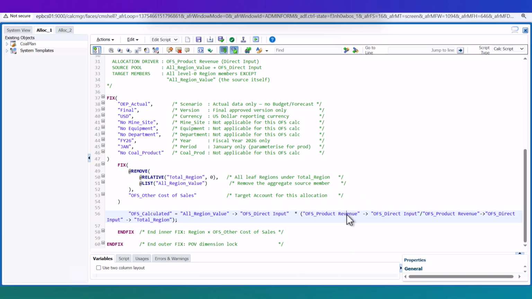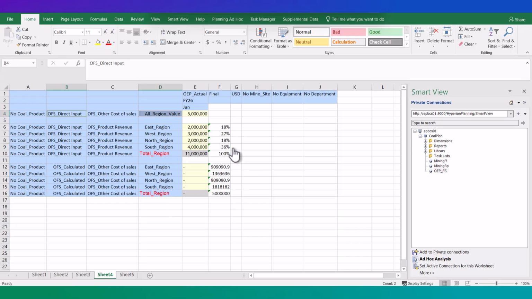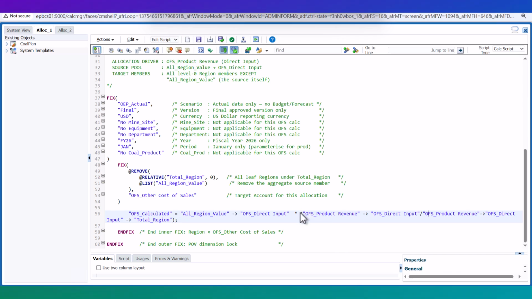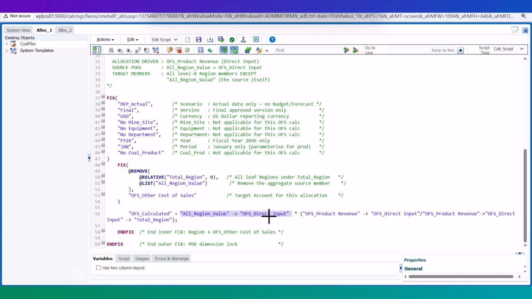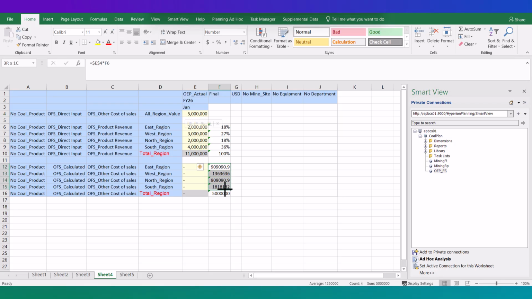Each region revenue divided by total value, we get a ratio. So in this second portion, we get a ratio or the percentage, and we are multiplying with $5 million, that is this value. So once this script runs, we get the allocated value.